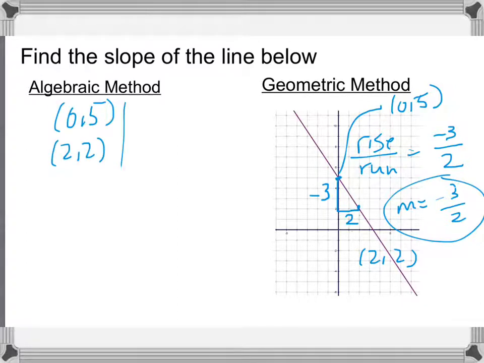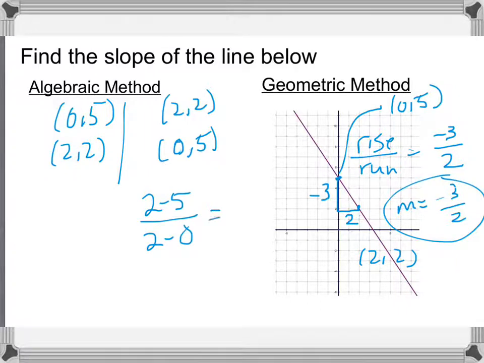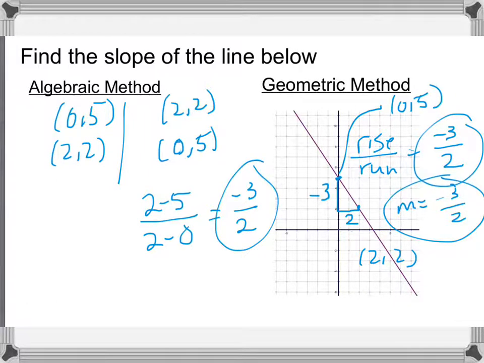Let's actually write them so the 2, 2 is above the 0, 5, and then I can just go downward, so I do 2 minus 5 over 2 minus 0. That's -3 over 2, which is the same as before. So two different ways: algebraic and geometric.